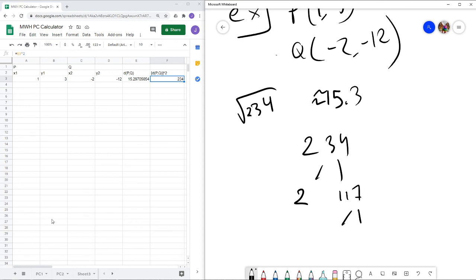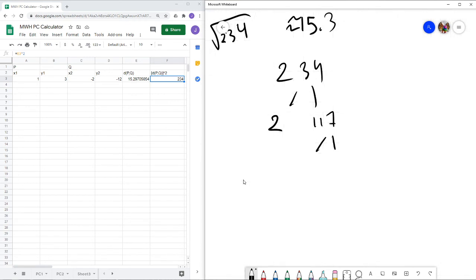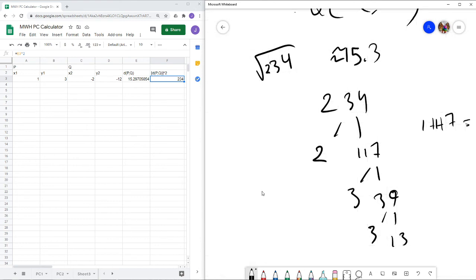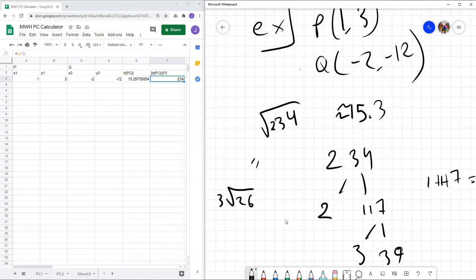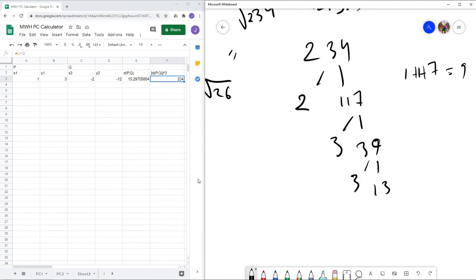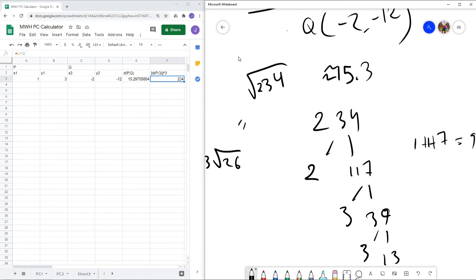I should check whether it's divisible by 3. I can go 1 plus 1 plus 7. That gives me 9. So I can divide this by 3. If I divide by 3, I get 39, then 3 times 13. So I can rewrite this as 3 times root 26. So that's one way of figuring out the distance formula.